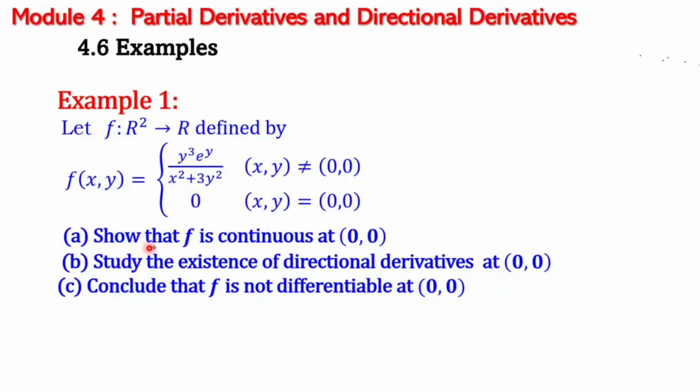We have to prove that f is continuous at (0,0), then find the existence of the directional derivative at (0,0) for any direction of a vector v, and then conclude that f is not differentiable at (0,0). So it is continuous but not differentiable.